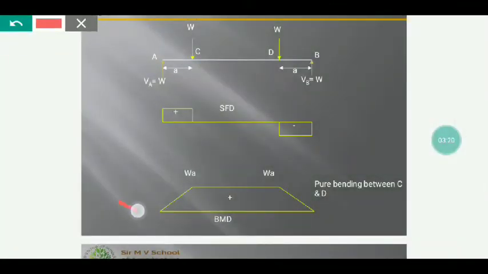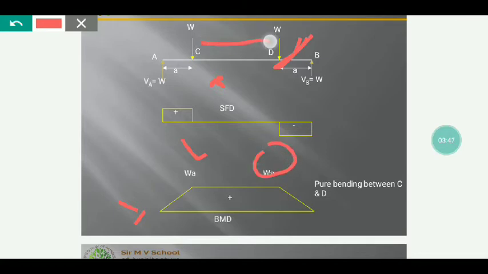At point C, the force W into the distance A gives the moment W into A. This beam will try to bend, creating a sagging bending moment. Again, force into distance is W into A, so I get WA.